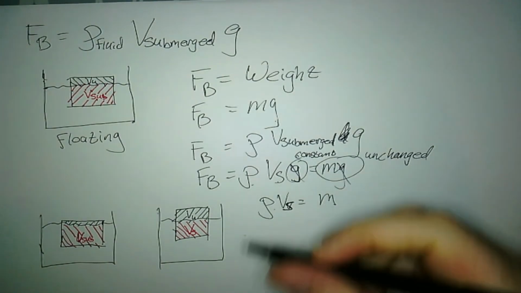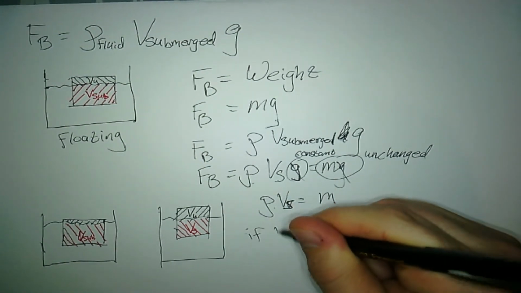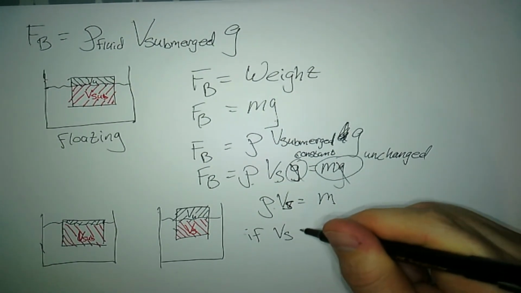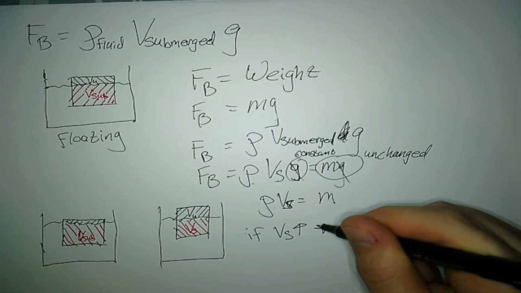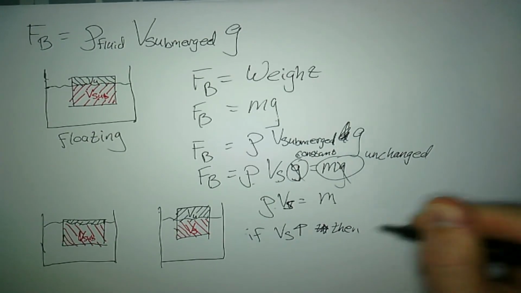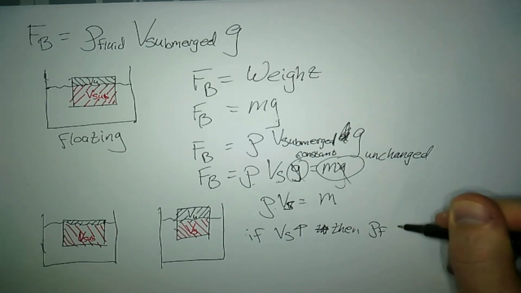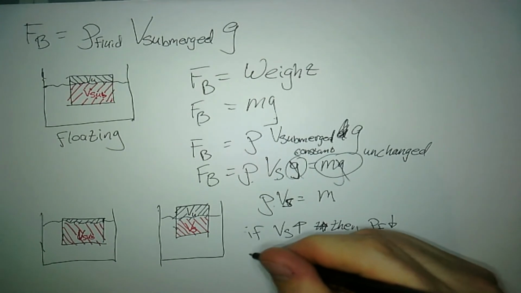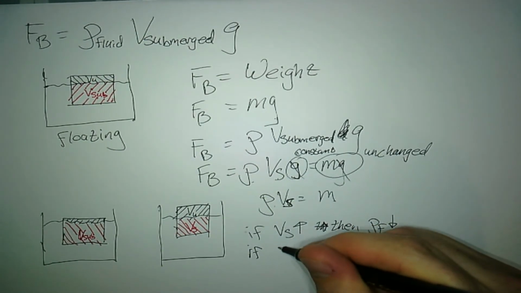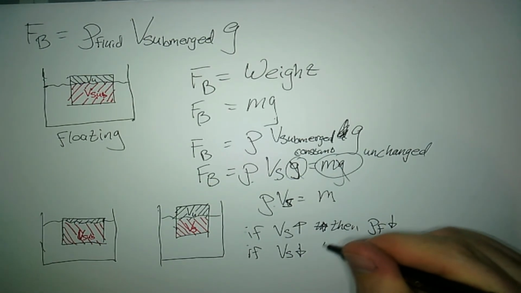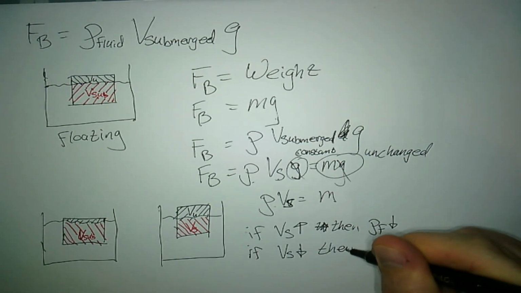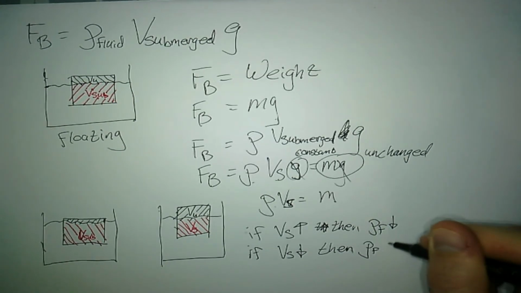So let's write that down. If VS goes up, then rho, the density of the fluid, has gone down. And of course, if volume submerged goes down, then the density of the fluid goes up.